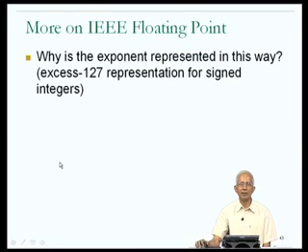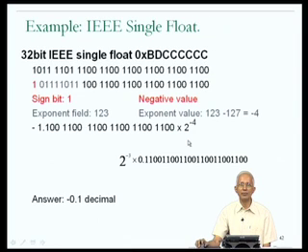Okay, now I had actually asked along the way about a few of the oddities of this representation. For example, the exponent is represented in a very strange way. Remember, the exponent in the IEEE standard was represented in a form such that you had to subtract 127 from it in order to get the actual value of the exponent.